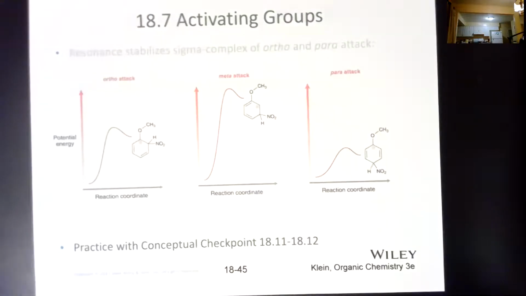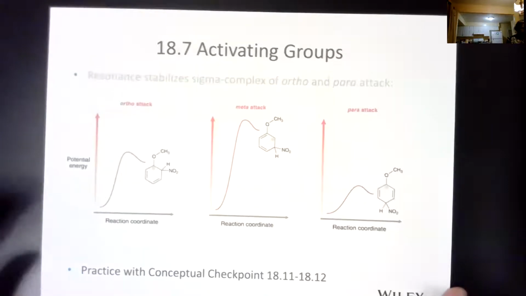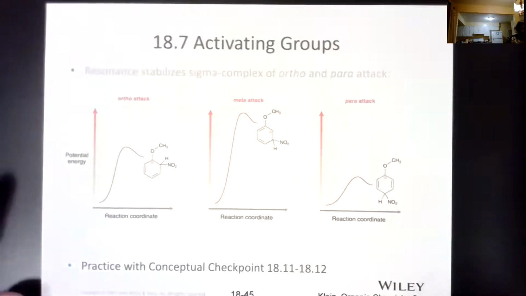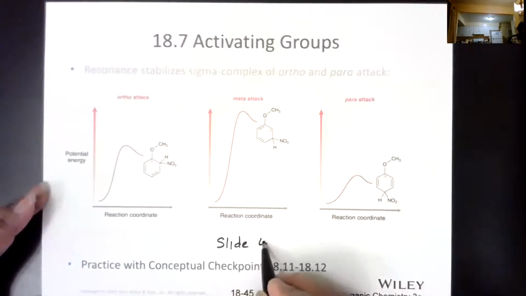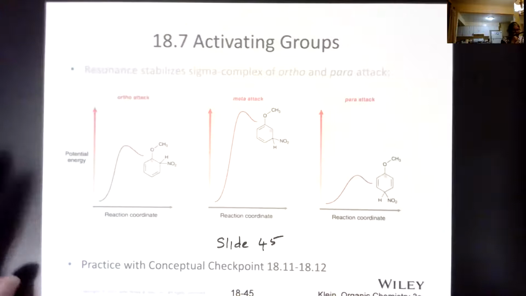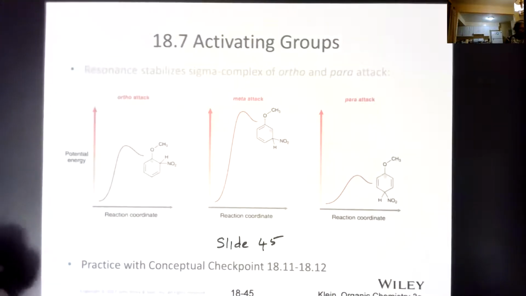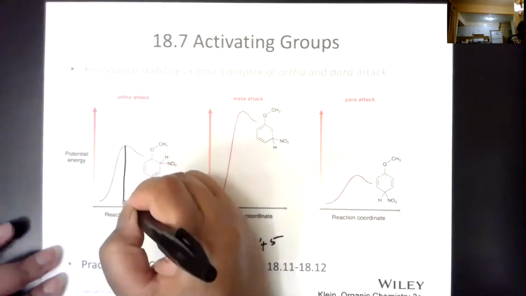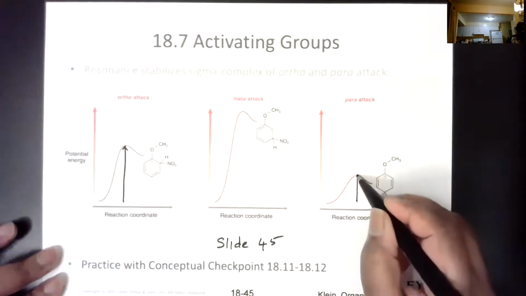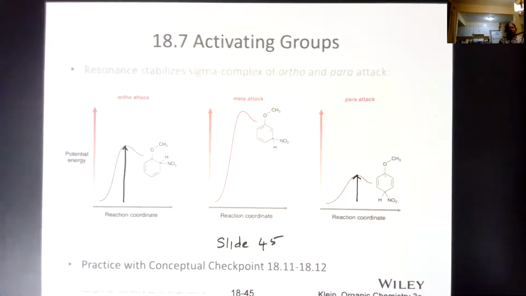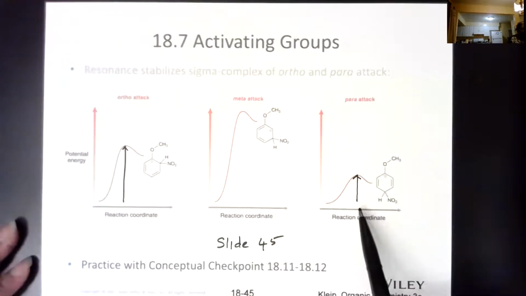Now let's look at some energy diagrams. This is slide 45. Again, depending on the incoming substituent, your ortho's activation energy may be higher, much higher than that of the para.